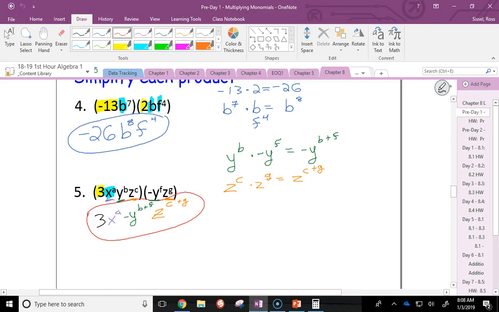But it's only focusing on the process and the steps. Recognizing that, hey, I have to look at my y's and the variables, I would add those. So instead of getting a number, it's just b plus f. Recognizing that whatever that power is, I add that power. So they're just trying to show us how we add the powers. Not really worrying about what the final answer is.